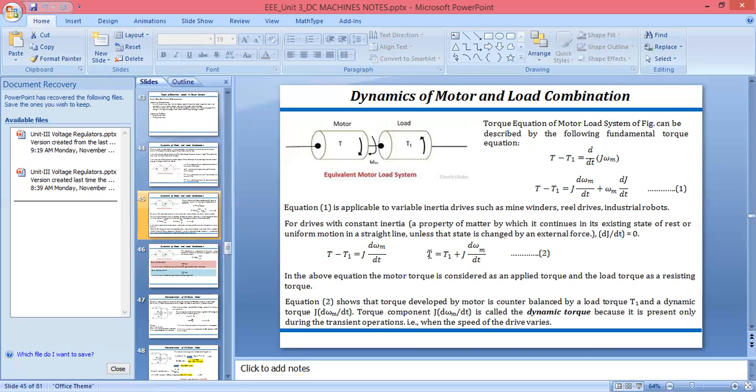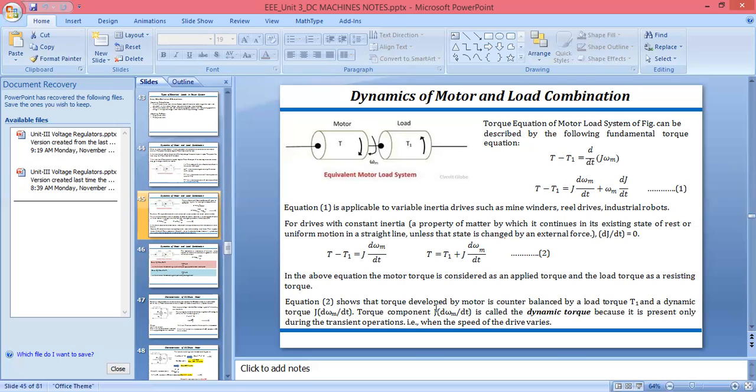In the above equation, motor torque is nothing but tau, considered as the applied torque, and the load torque is nothing but tau 1. We can call it a resisting torque. So this is the applied torque and this is the resisting torque. Equation 2 shows that the torque developed by the motor is counterbalanced by the load torque and the dynamic torque, because J d omega m upon dt is nothing but the dynamic torque.